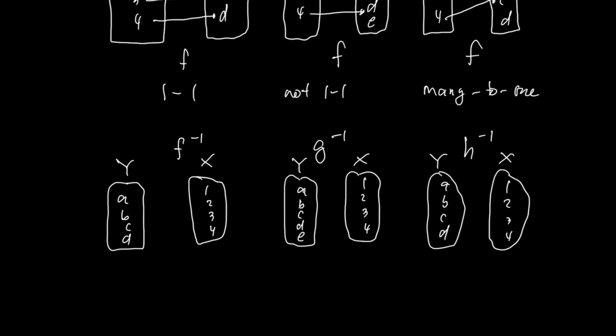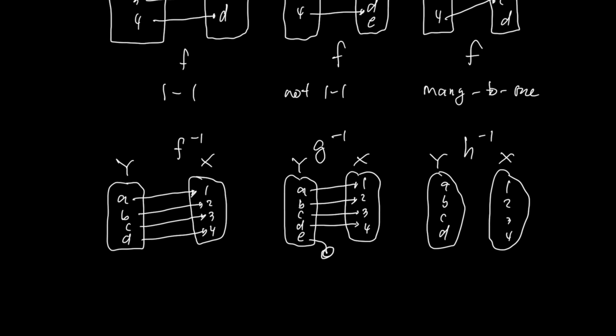For the first mapping, we have A is mapped to 1, B is mapped to 2, C is mapped to 3, and D is mapped to 4. Here, A is mapped to 1, B is mapped to 2, C is mapped to 3, D is mapped to 4, but E has no mapping, no association in x.